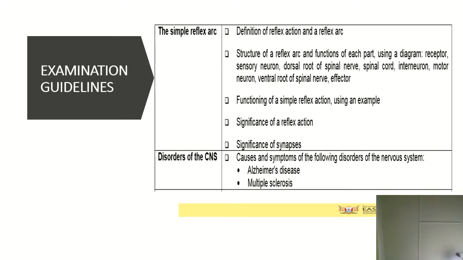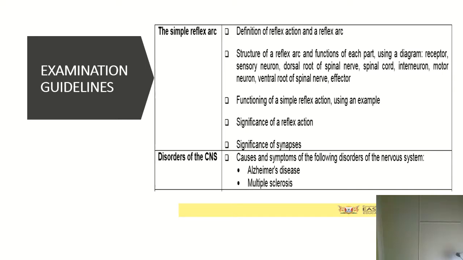Right, as we know, we have to follow the examination guidelines. The examination guidelines in this subtopic state that each learner needs to know the definition of reflex action and a reflex arc. We'll also have to look at the structure of a reflex arc and the functions of each part using a diagram.